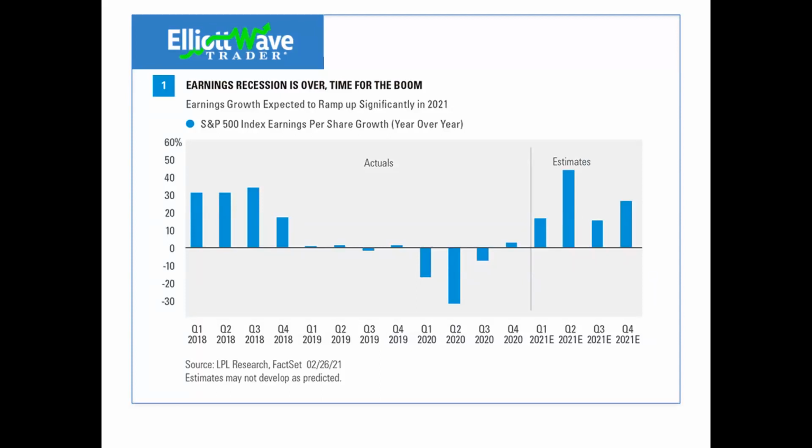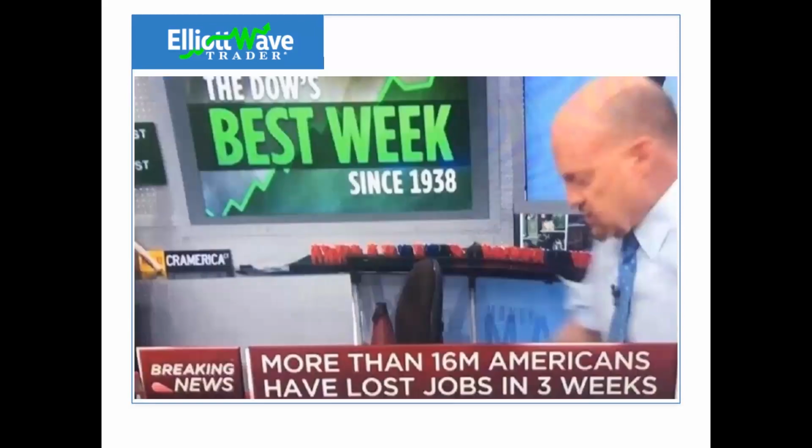In fact, the stocks bottomed at some of the worst earning reports of their time. And if you also remember, we were seeing record unemployment numbers and economic shutdowns all over the country in March of 2020, just as the market began one of the strongest rallies in history.